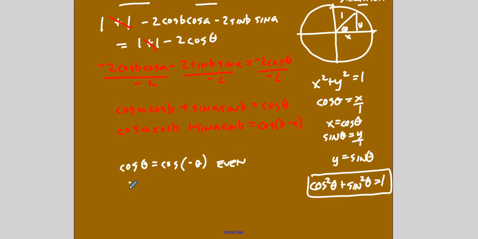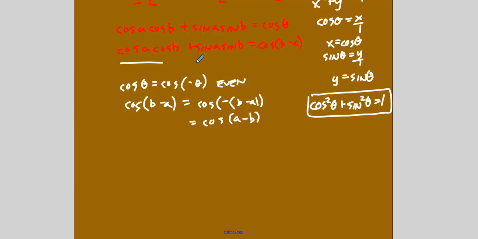Therefore, the cosine of B minus A equals the cosine of the negative of B minus A. So that equals cosine of, the double negative here making, A minus B. So our final conclusion using this and this, I can say the cosine of A minus B.